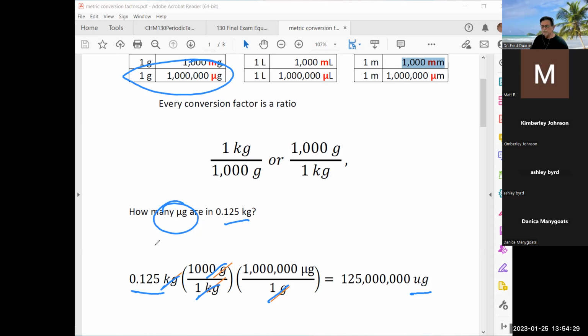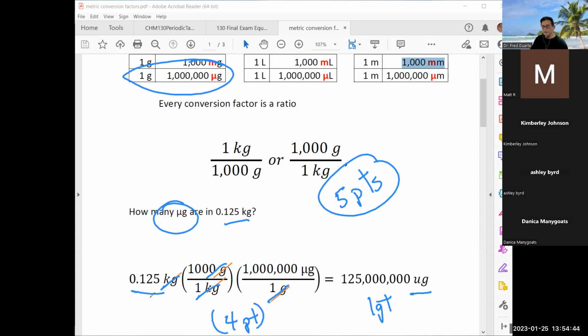Now, when we ask to show the work, this is the kind of stuff we're talking about. So for example, a question like this might be worth 5 points. And the breakup will be like 1 point for the answer and units, and the remaining 4 points distributed among how you set the problem up. If you set the problem up correctly, and for whatever reason you typed in the wrong number in the calculator and wrote a wrong answer, obviously you're not going to get the 1 point for the answer.